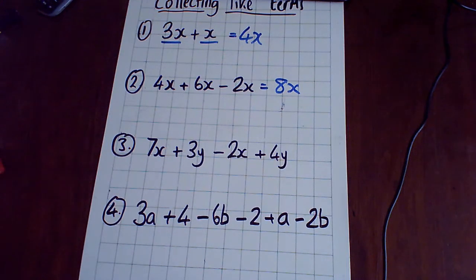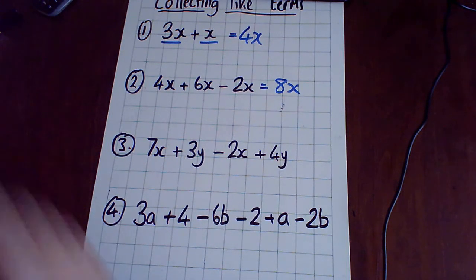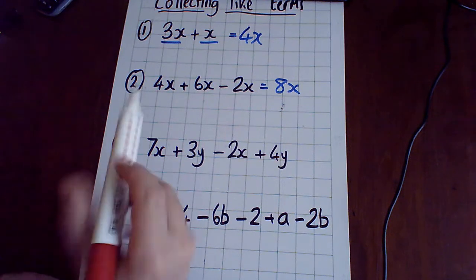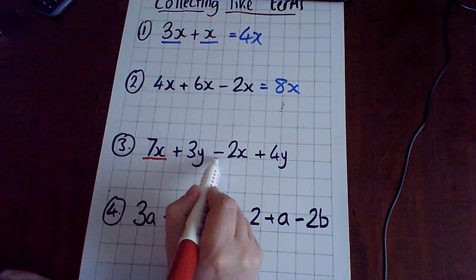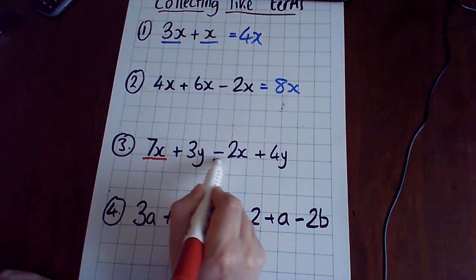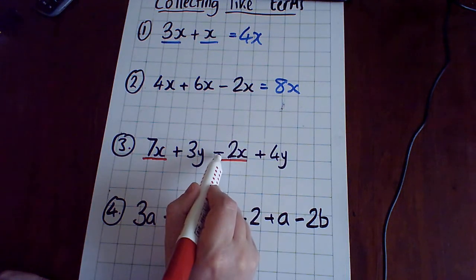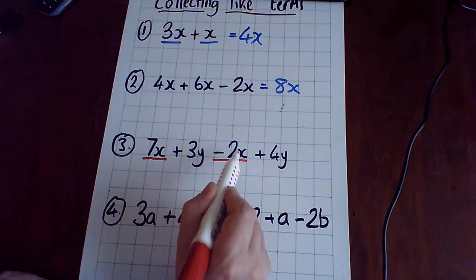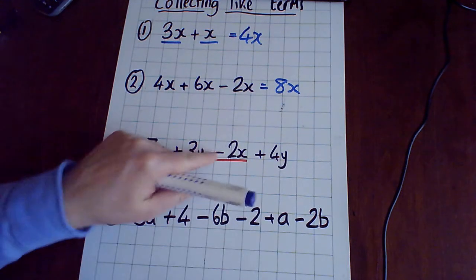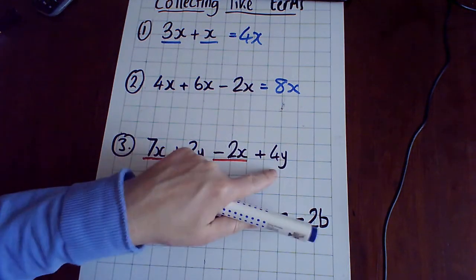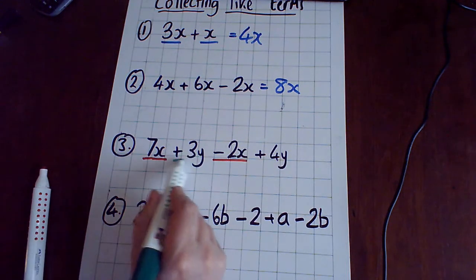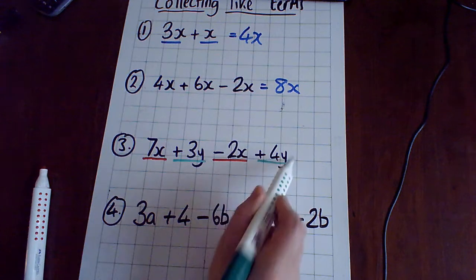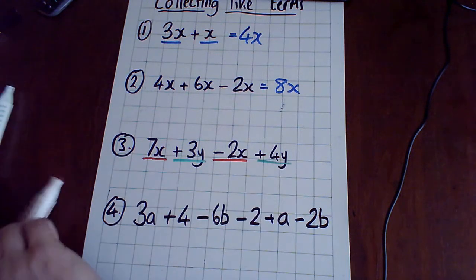Okay, next we move on to the more difficult ones because there are 2 terms and there are negative signs. So be very careful with this. What I generally do is I underline the like terms. So 7x, and I look for a like term, and the like term is this. Now be careful, it's minus 2x. The sign goes with the term, the sign before it. So that's a minus 2x. That's a plus 3y. That's a plus 4y. The plus 3y is a like term to plus 4y.